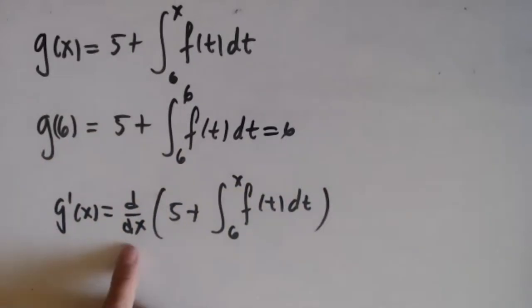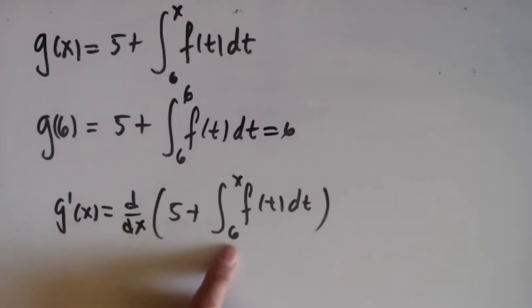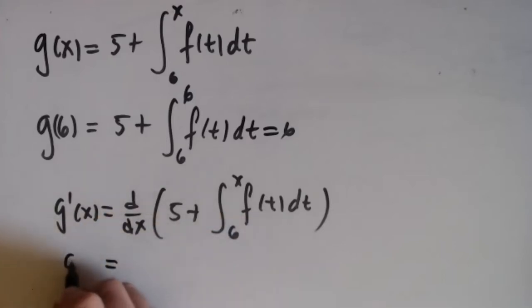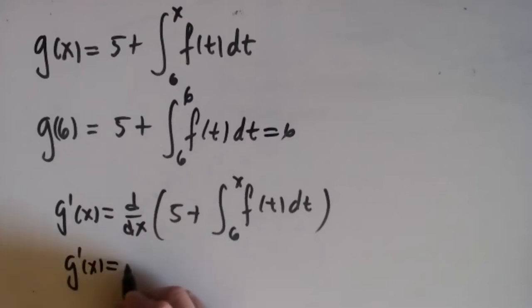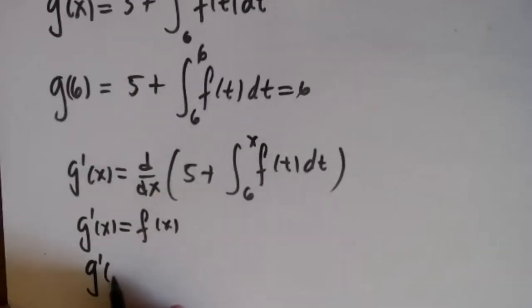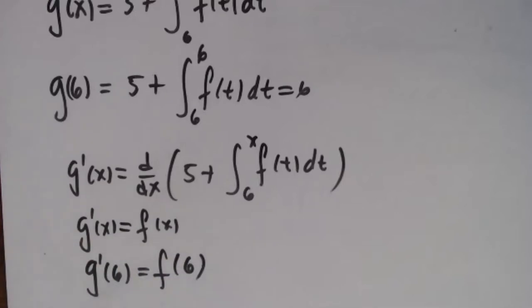You have to take the derivative of the 5. What is the derivative of the 5? 0. The derivative of the integral is just f, the integral cancels, and then you put here the x. So g prime of x equals f of x, correct? So if you want g prime of 6, you have to look at the value of the function at 6. Let me go back to the graph.